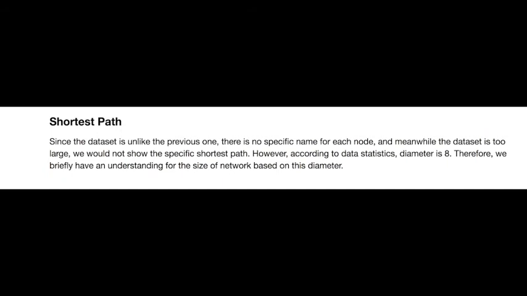But in the Facebook one, we do not have any information stored in every single node, so we do not apply these strategies on the Facebook data set. But the diameter is 8, and we can measure the size of the network based on the given diameter 8.